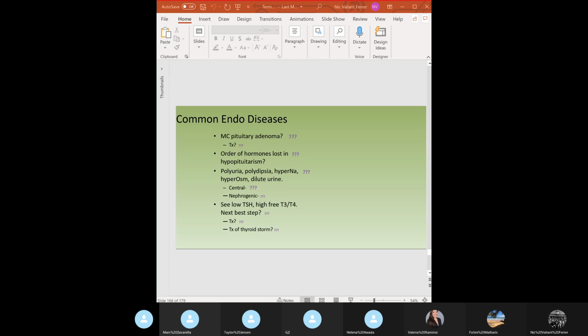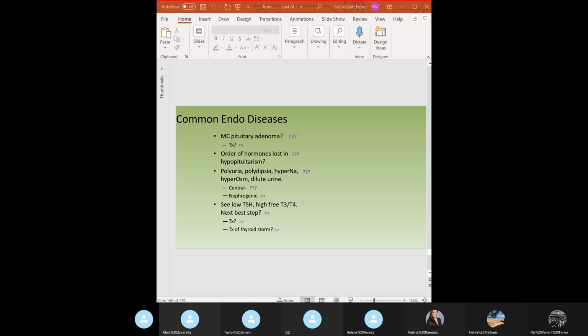So if I do a water deprivation test, how do I know if it's central or nephrogenic? What happens to urine osmolarity? It would increase in central. Careful. I said water deprivation test. I didn't say desmopressin test. There's a big difference, guys.